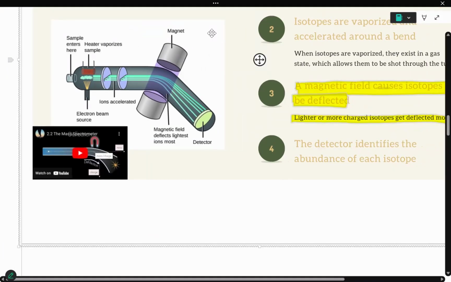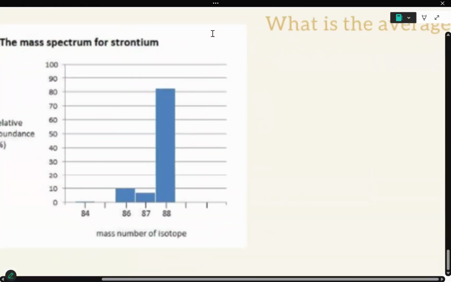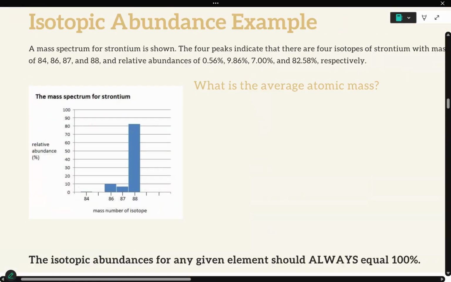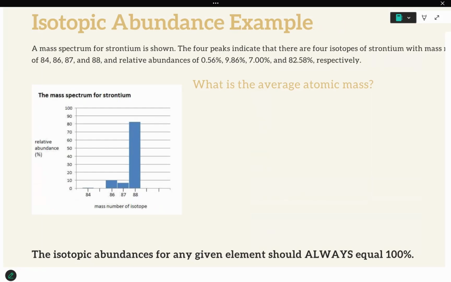That allows it to be separated at a detector. So the detector can say, 10% of this atom weighs this much, 20% of this atom weighs this much. Essentially what you end up getting is a graph that looks like this. All you need to know for mass spec is how to read it.